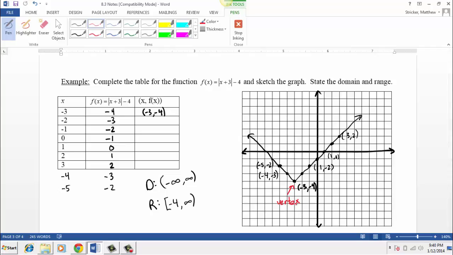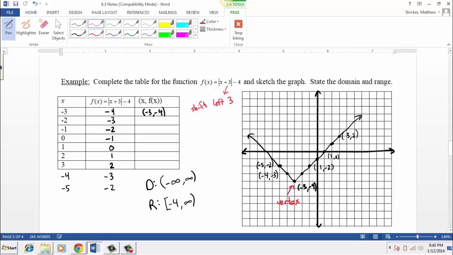Now, look at what's going on here. It looks like that if I take and look at the opposite of this positive 3 that's added to the x, so it's x plus 3, well, it turns out that this means that there is a shift left by 3.